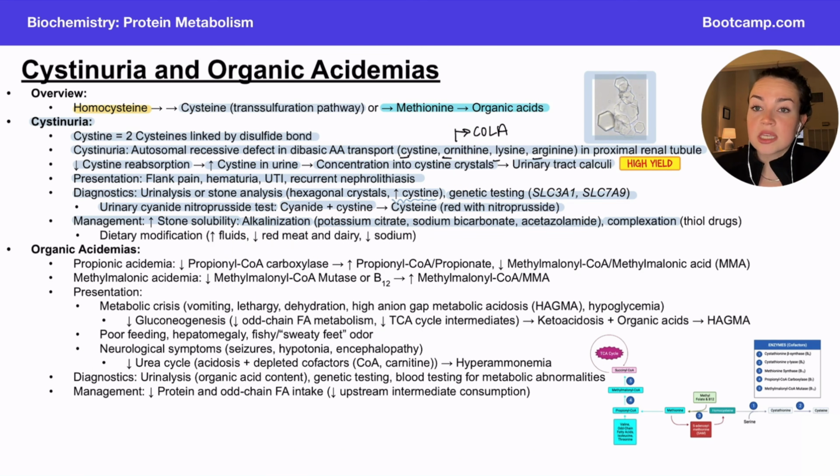And then we can do complexation with thiol drugs, which are things like tiopronin and D-penicillamine. Don't memorize those. And then from a preventative standpoint, you're going to do dietary modification, so increasing fluids, decreasing red meat and dairy, and decreasing sodium. Overall, limiting your amino acid intake and also promoting hydration to prevent the concentration of those stones.